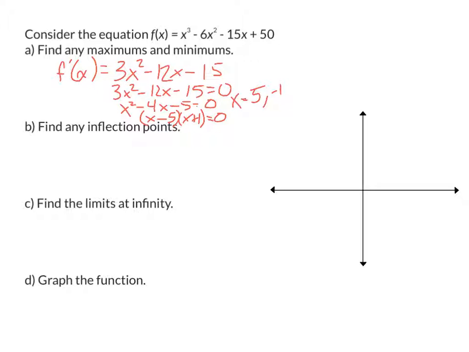Well, since our polynomial is continuous everywhere, those must have a maximum and minimum value. So we can figure out what those are by figuring out what f of 5 is equal to and what f of negative 1 is equal to.